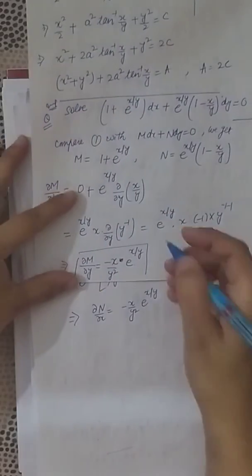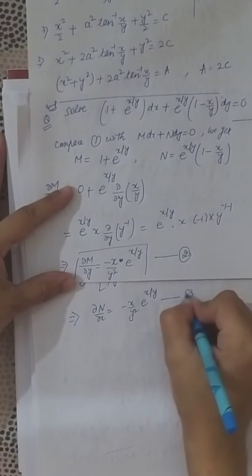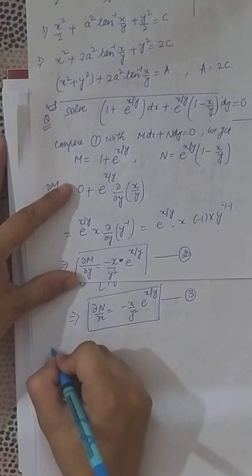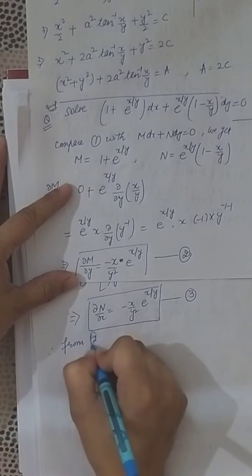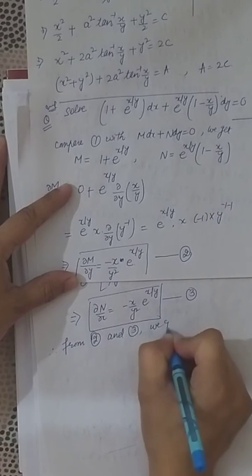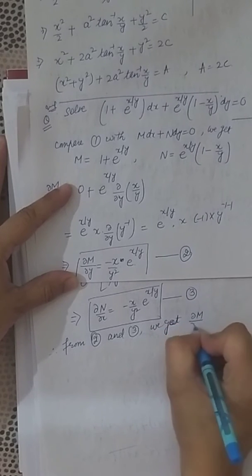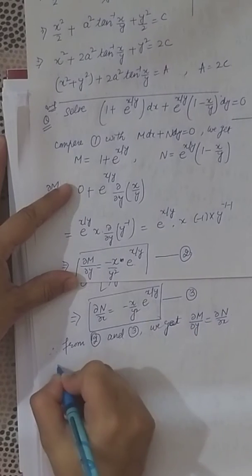Now curly m over curly y, in the previous step I have calculated this. Both are equal, therefore from 2 and 3 we get curly m over curly y is equal to curly n over curly x.